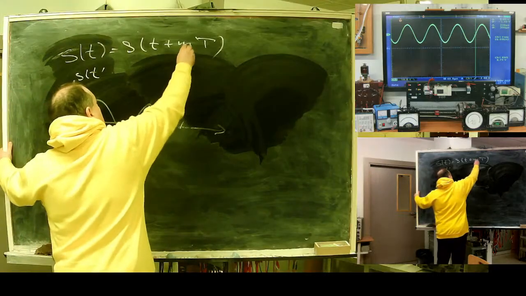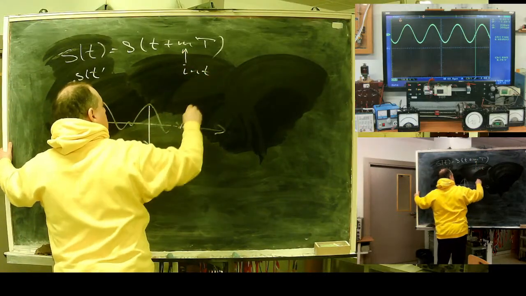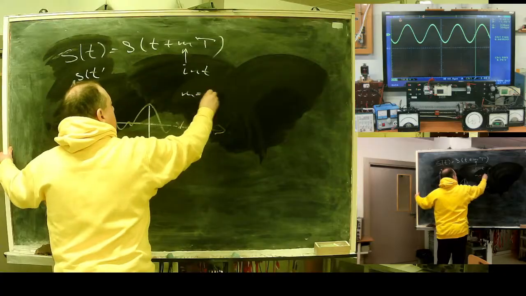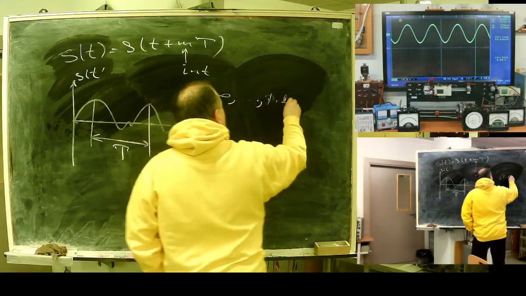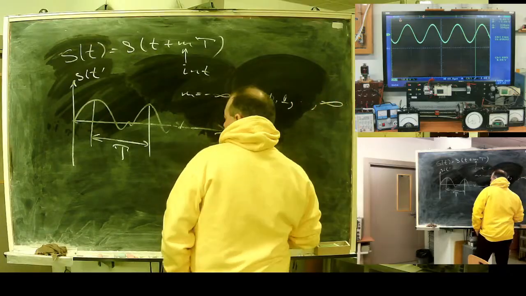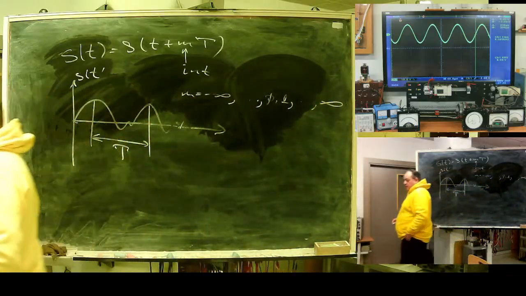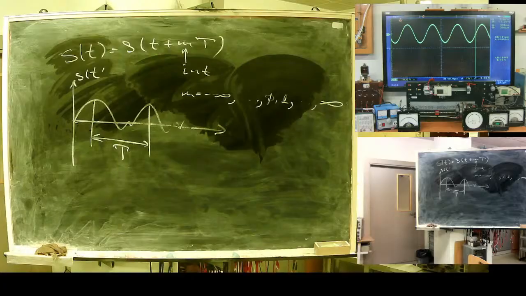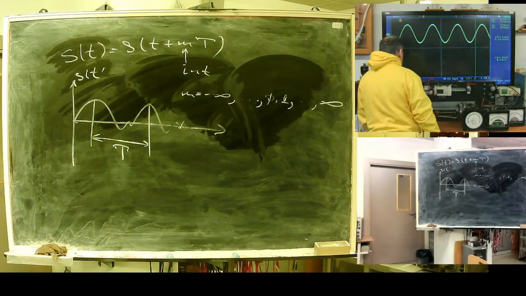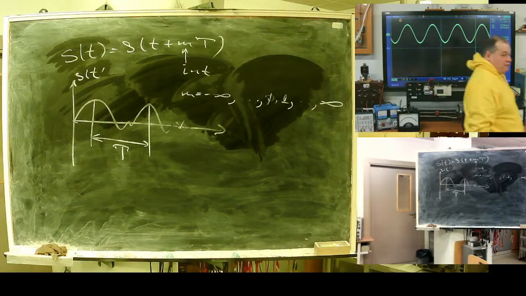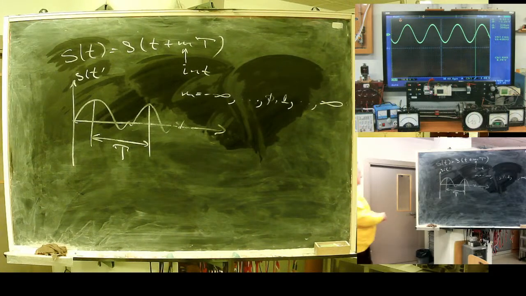Here m is an integer, so m tends to minus infinity, 0, 1, infinity. We can substitute this periodic repeating signal with a Fourier series.